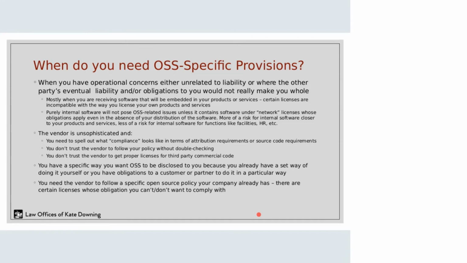So I think in particular, this comes up when the software that you're procuring is software that you specifically want to include in your products or services. That is where you really care a lot, because there may be certain open source licenses that are incompatible with the way that you license your own products or services.